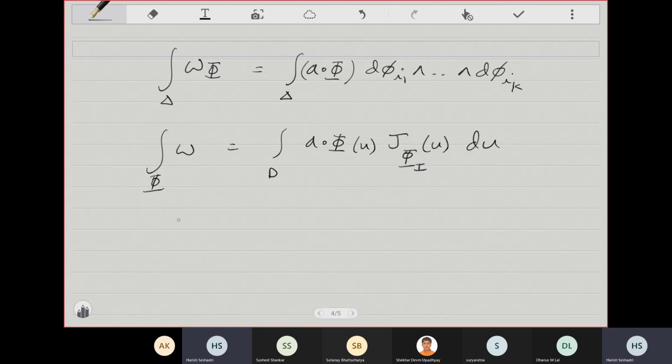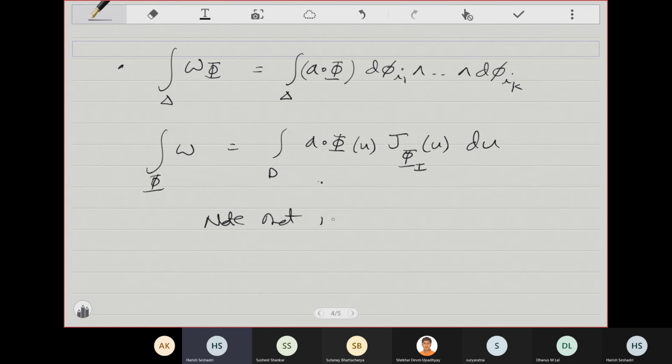Now let's make a general observation. So I want to write, instead of the integral over D, just like the top one, this right hand side as an integral over delta. So for that, I'll make the following trivial observation.